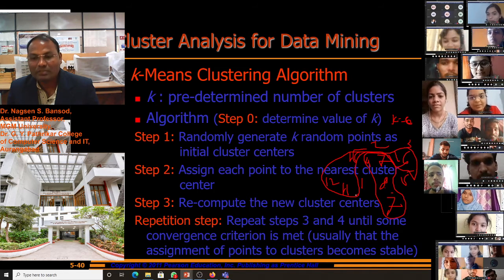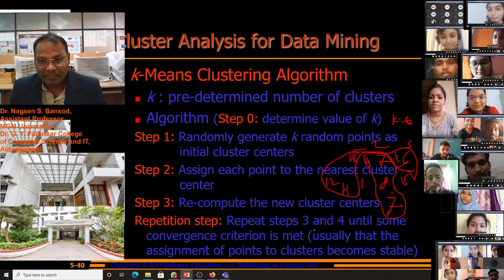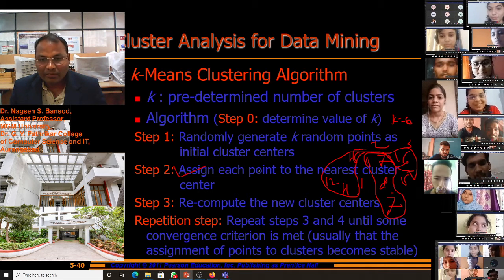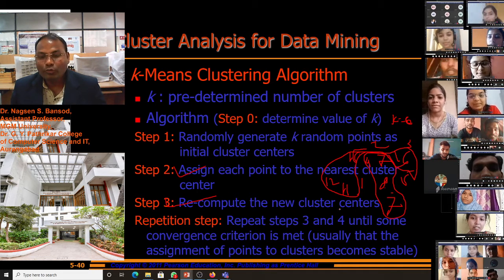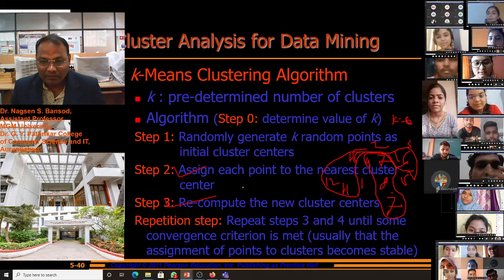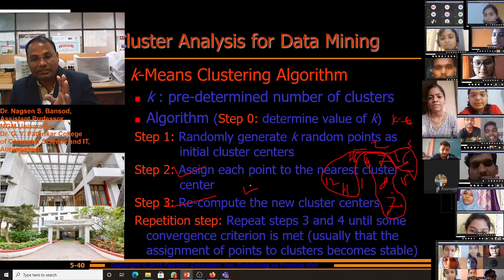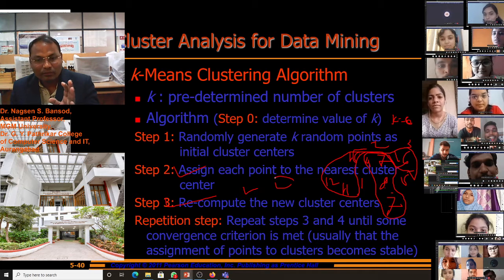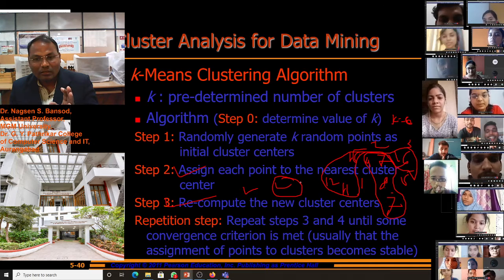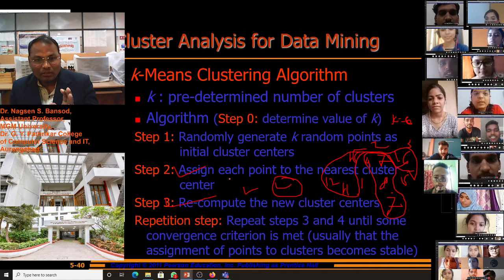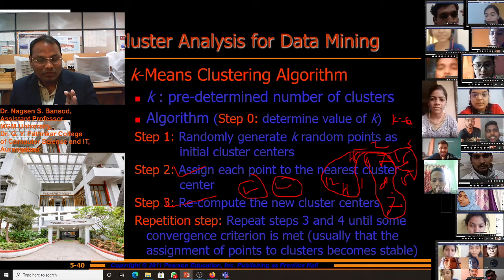We will make a cluster like this and repeat the steps: assigning each point to the nearest cluster and computing the new centroid. Find the centroid and assign the new values nearest to that centroid. Assign each point to the nearest cluster. First find the centroid.